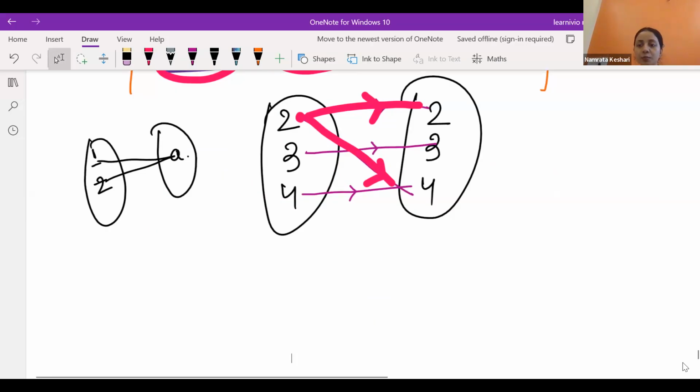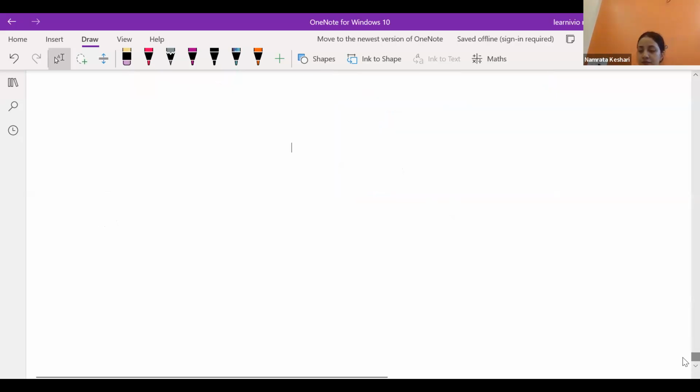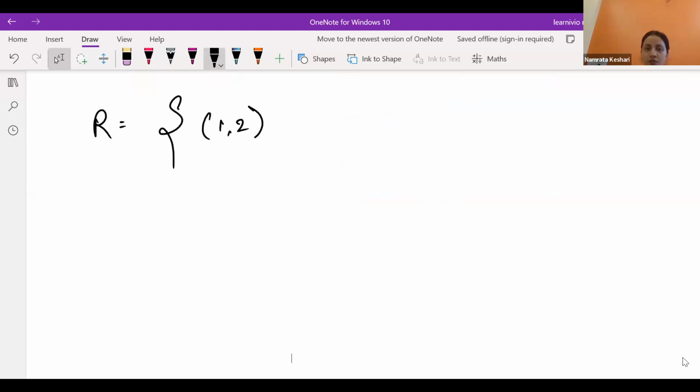Let's take a few more examples. Here the relation R is defined as 1 with 2, 2 with 3, 3 with 4, 4 with 5.